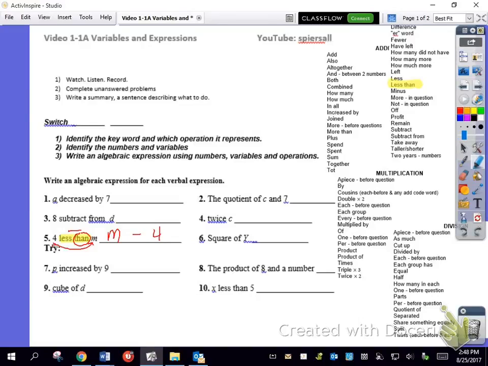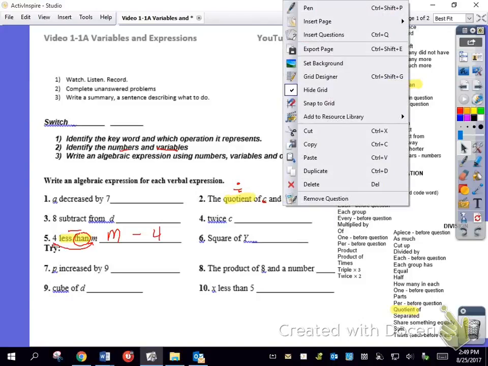Number 2, quotient. Where do you see quotient? Quotient is under division. Okay? Now on division, you will always just go in the order that it says. So now remember, I have to identify my numbers and my variables. So there's C and there's 7. Those are my numbers and my variables.